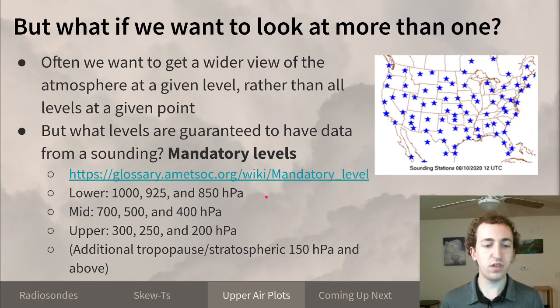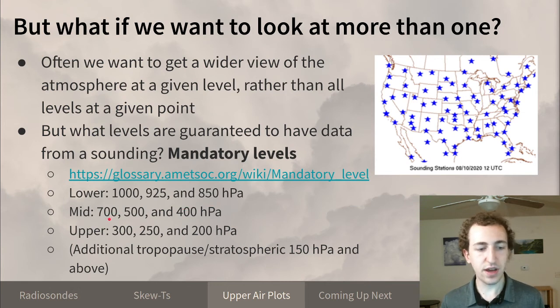So sort of our lower troposphere levels, 1000, which is usually pretty close or even under the surface. So you can't include the data if it's below your surface pressure, your actual station pressure. 925 and 850 hectopascals or millibars. Again, those are equivalent units.